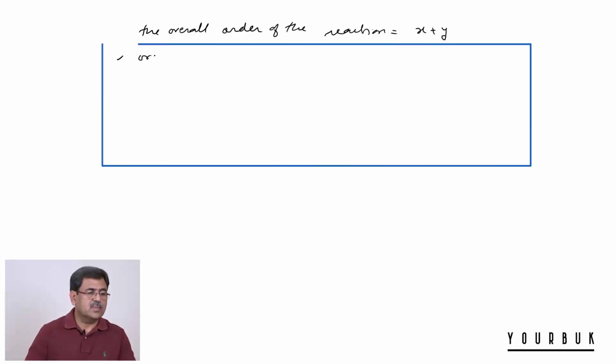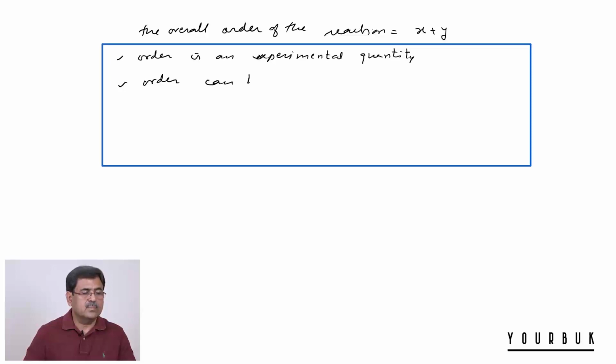Next point, this order is an experimental quantity. And order can have any type of value. Any type of value means order can be 1, 2, 3, that is, it can have integral values.